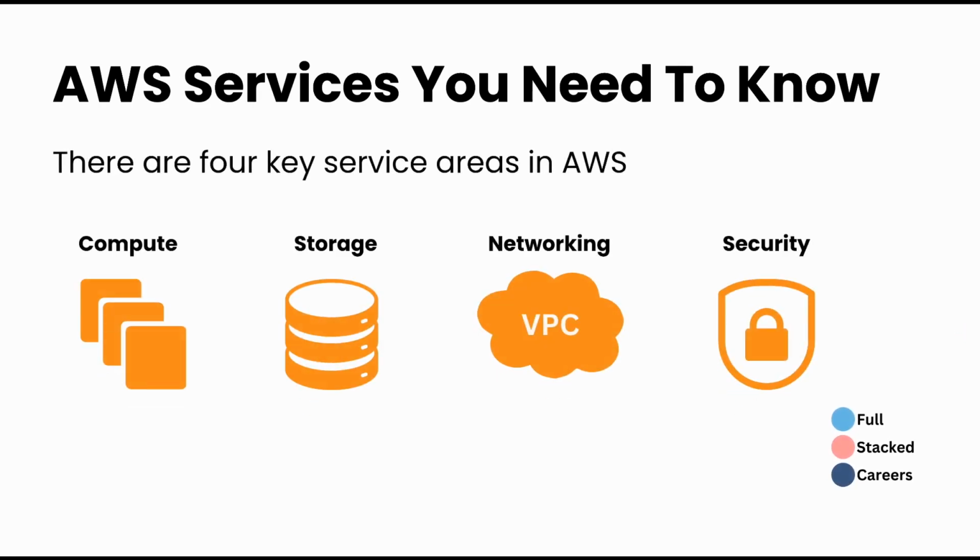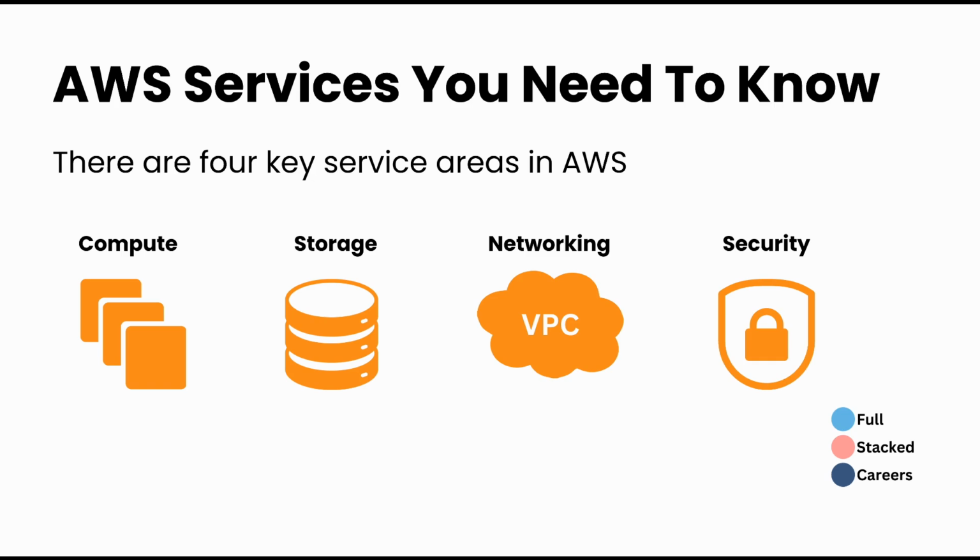Here are the 4 key AWS service areas you must know going into the exam. The first is compute. Compute is the computational layer that exists within AWS. Services that fall into the compute area include Amazon EC2 for virtual machines and AWS Lambda for serverless computing.